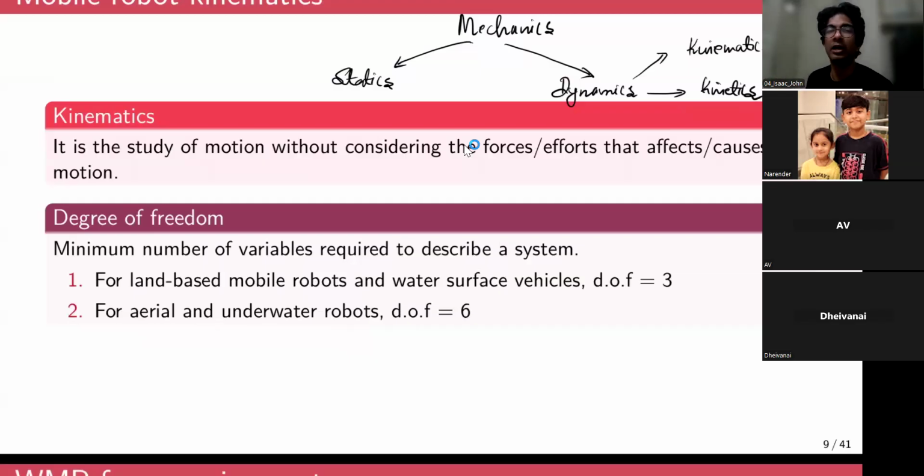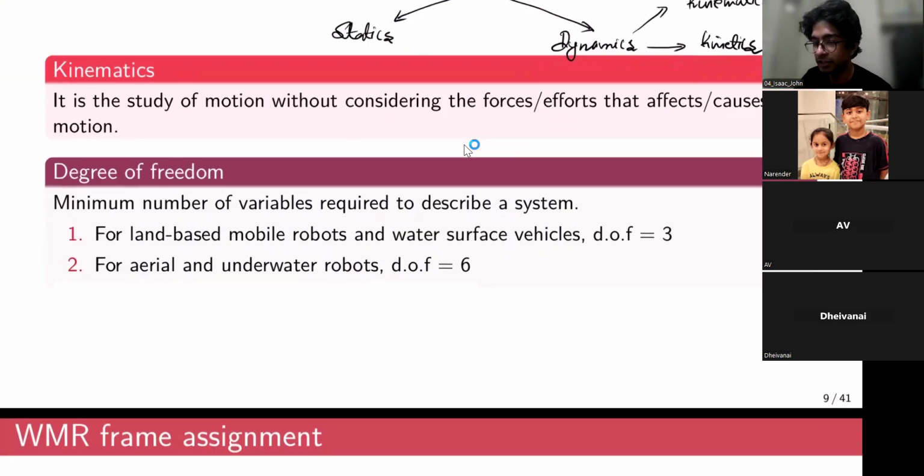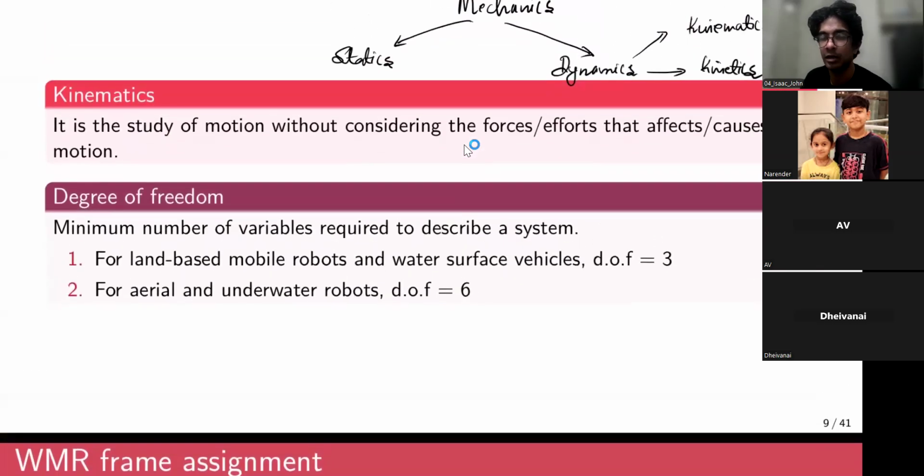But in case of robots that move within a plane, you only require 3 variables. For example, mobile robots operate in a plane at which it is locomoting. So if you consider the plane of this slide as the plane of interest, I'll fix a coordinate frame on it.